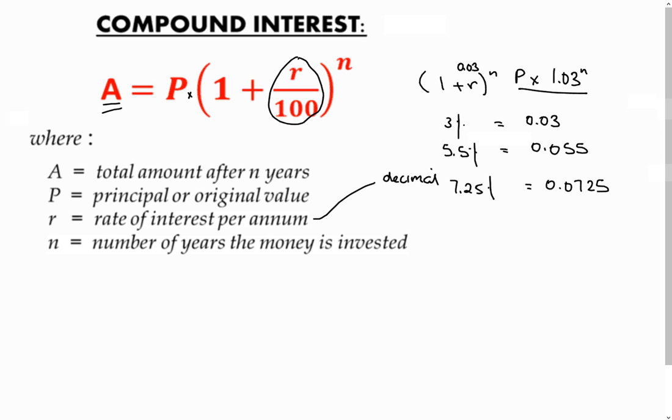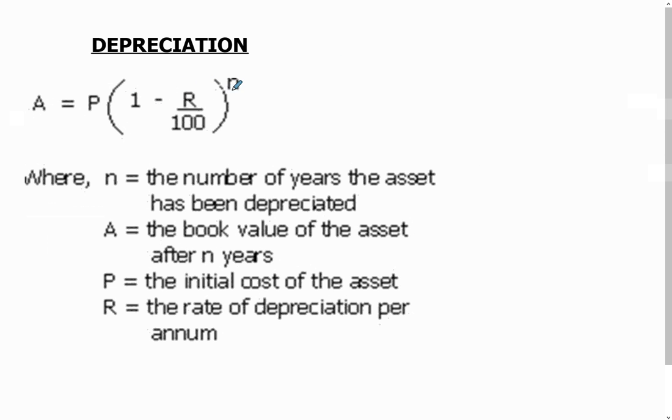Okay, whereas depreciation is when the value of something is decreasing. So like cars, especially Ferraris and Aston Martins, they depreciate at an extremely high rate.